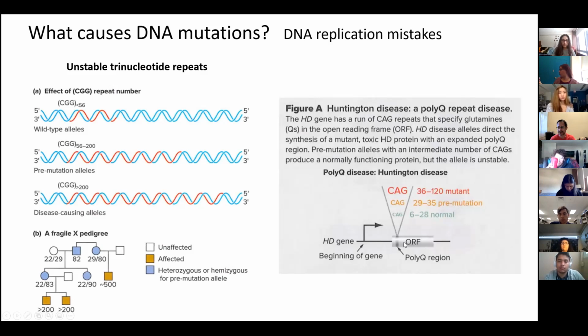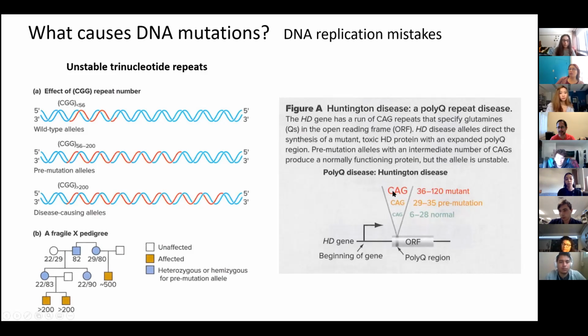So at the DNA level, there are 6 to 28 repeats of CAG. That's considered normal. Then we can have the pre-mutation stage, where we can have up to 35. And if there are more than 36 and up to 120 repeats of CAG, that's the mutant, and that's related with the disease.